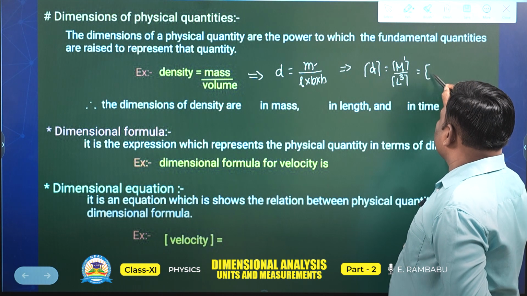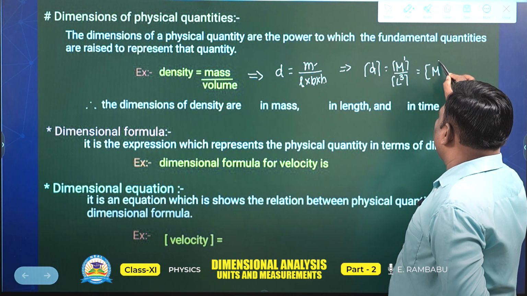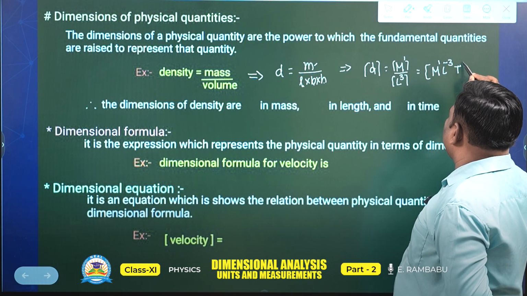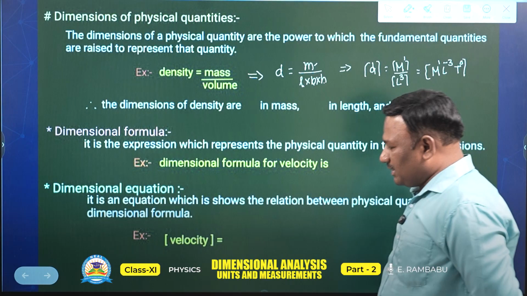Therefore, the dimensional formula for density is taken as M to the power 1, L to the power minus 3. I am not using any time here, so that is T to the power 0.